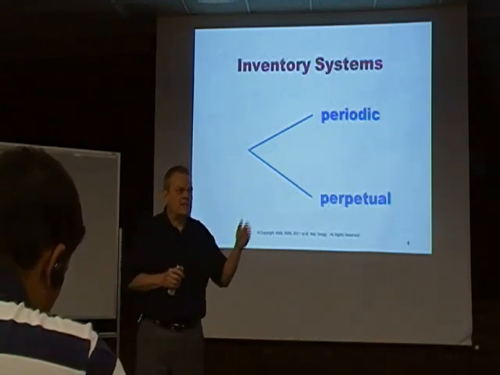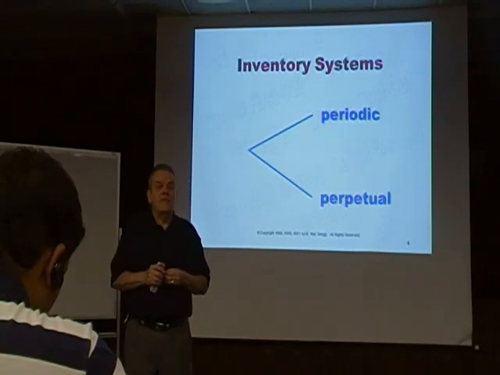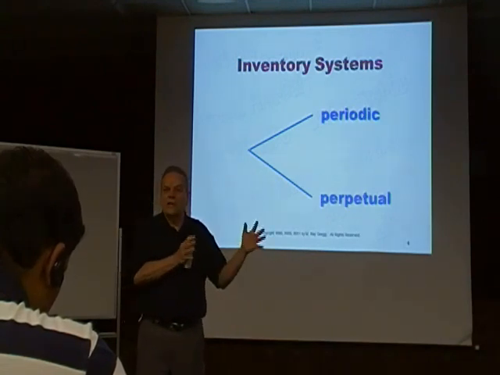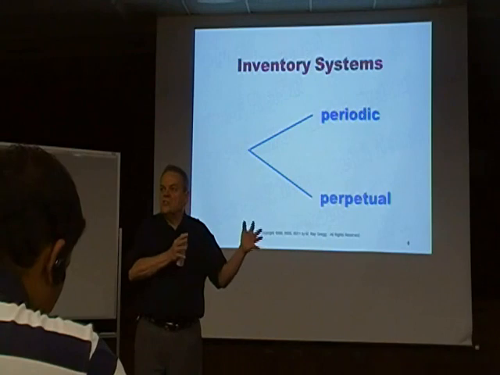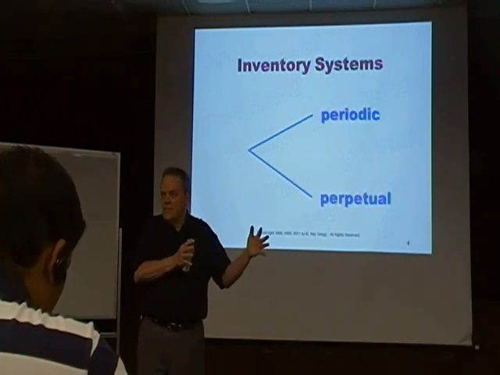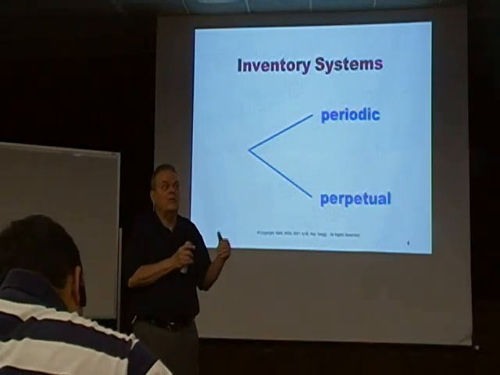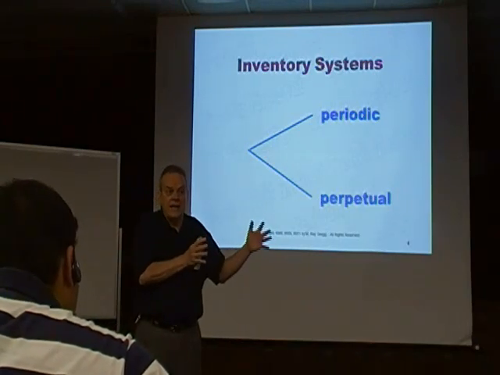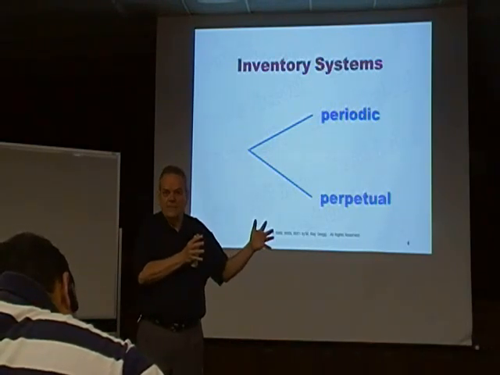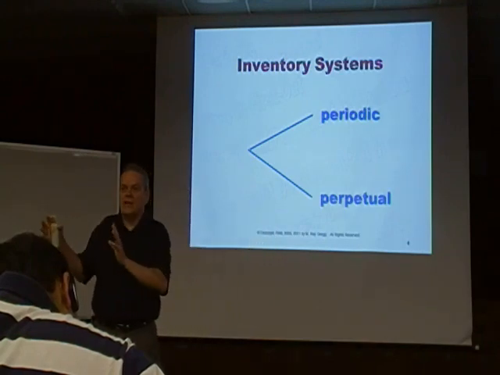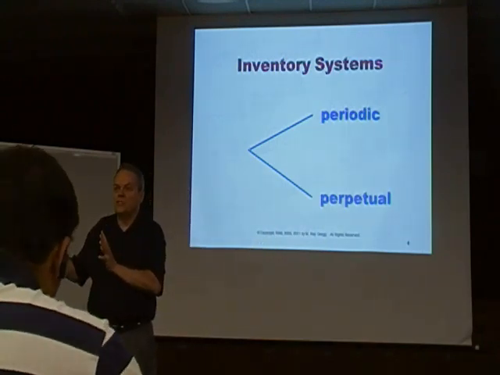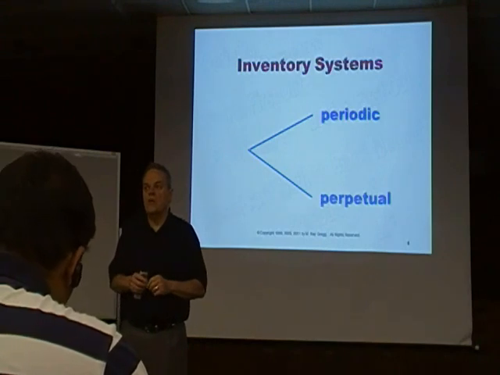But in case you forgot some things over break, remember that periodic was historically true, easiest, least costly, but didn't provide us up-to-date information all the time. We only knew the level of inventory periodically, occasionally. And technology allowed us to adopt perpetual inventory procedures in lots of industries that we weren't able to historically.